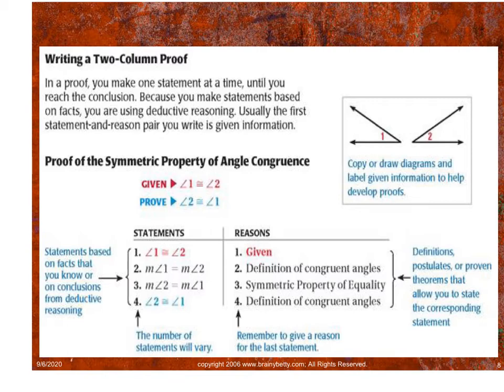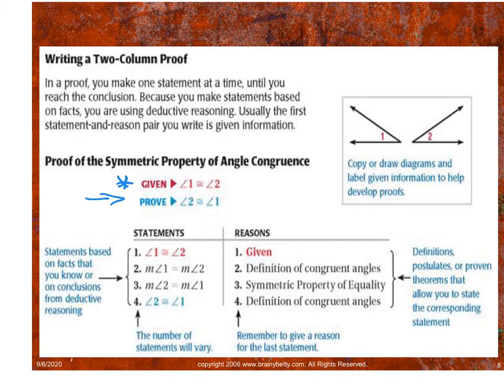If you're not given a diagram, you might want to draw one for yourself just to give yourself a visual. Generally, your given information is going to be written out in words or symbols. Sometimes it's only a diagram, and if that's the case, you would pull off what you see in the diagram. And then this is the statement you're trying to prove.